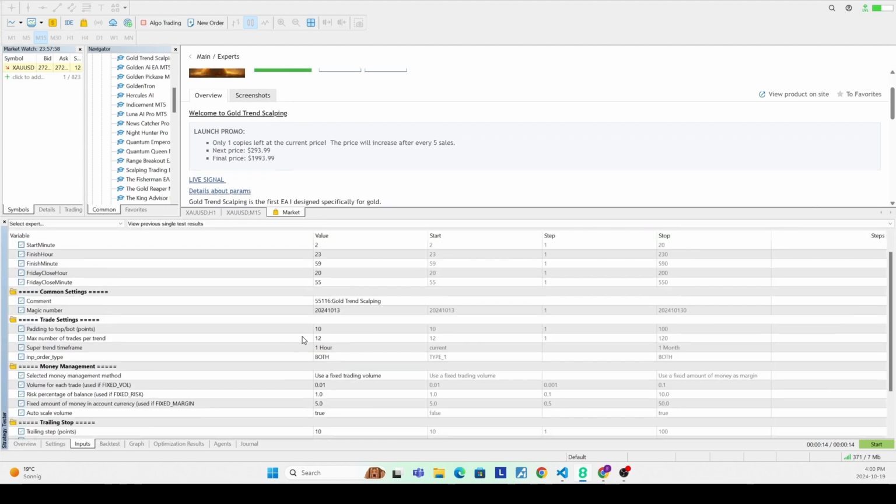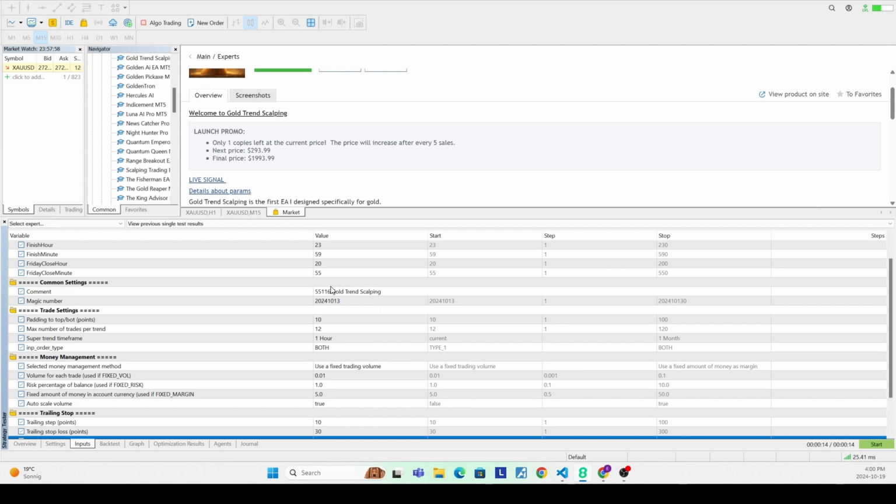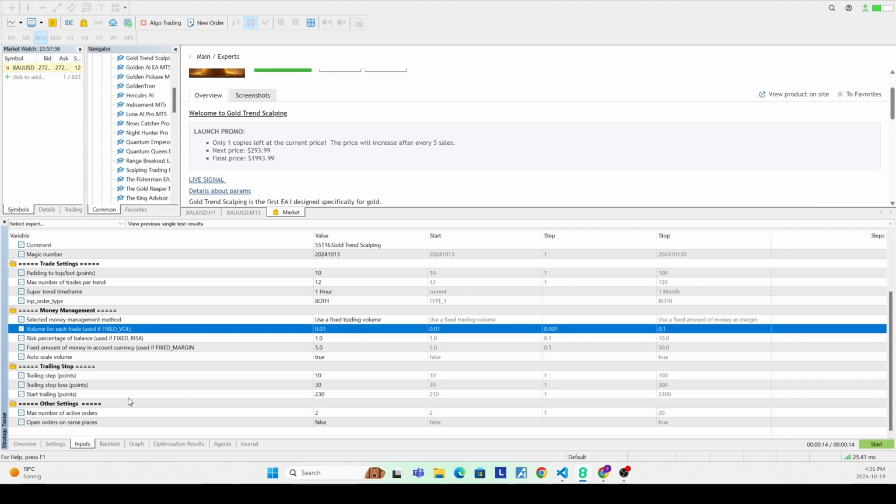We can go over here into the Inputs tab just to see what kind of features are present and if that gives us any hints into what strategy it's using. Interesting, it appears to have a time filter, and they give you a few options for money management, be it fixed or percent.